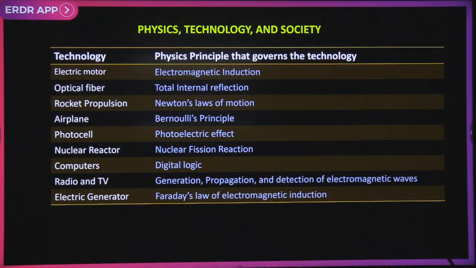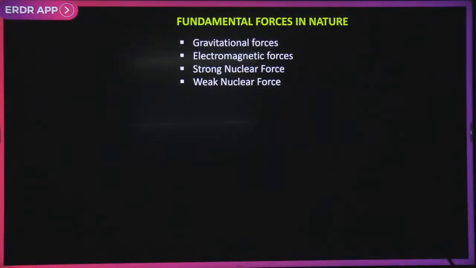Electric generator, Faraday's law of electromagnetic induction. So these are the physics laws that are used in technology. Then fundamental forces in nature. We will discuss all these types of forces in our chapter: gravitational forces, electromagnetic forces, strong nuclear forces, and weak nuclear forces.